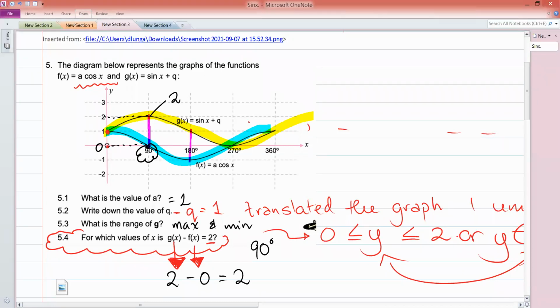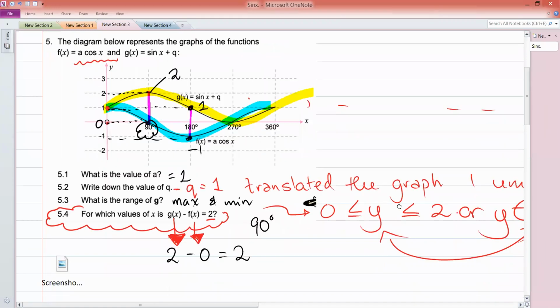We looked at the y value of G at this point. It's 1. What's the y value here? It is negative 1. So let's subtract: 1 minus negative 1 gives us 2. And what's that x value? It's at 180. So the two values: 90 degrees, and second one, 180. Well done. Awesome.